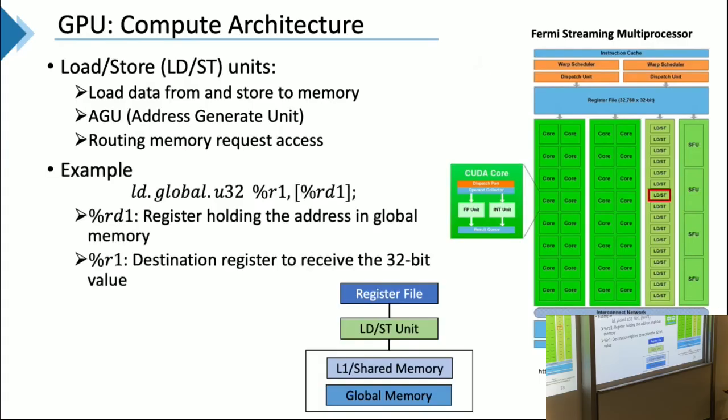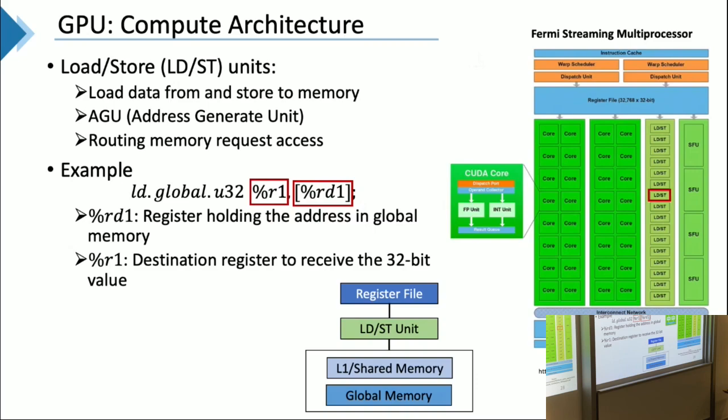And here I give an example of the instruction of data load. Basically, you have these registers, RB1, which is holding the address in the global memory. For example, it's pointing somewhere here, right? And then you have this data load, so you just transfer the data from global memory to your register file.